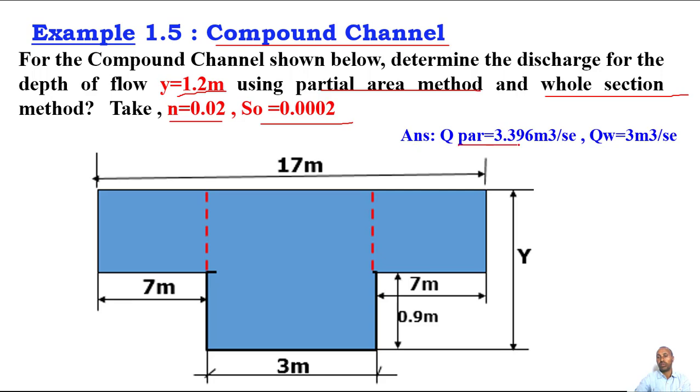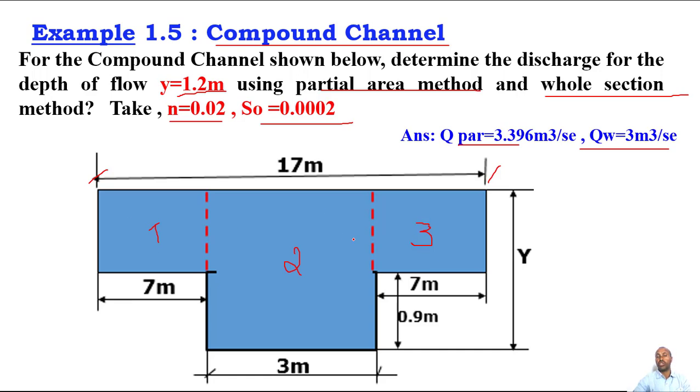So you have the answer Q partial here. Then let us see this calculation. You have total water surface width at the top of 17 meter, and left and right you have portion 1, portion 2, portion 3. Clear?